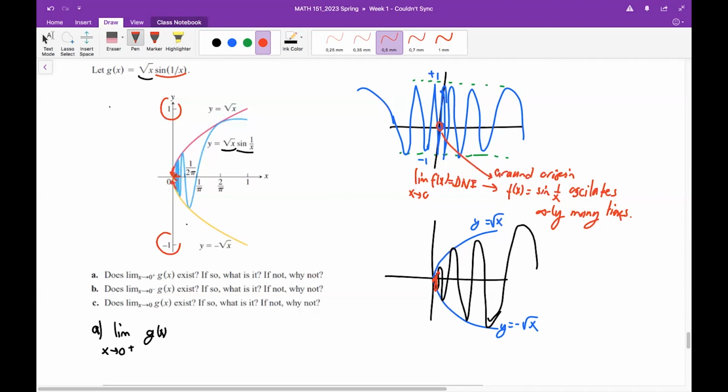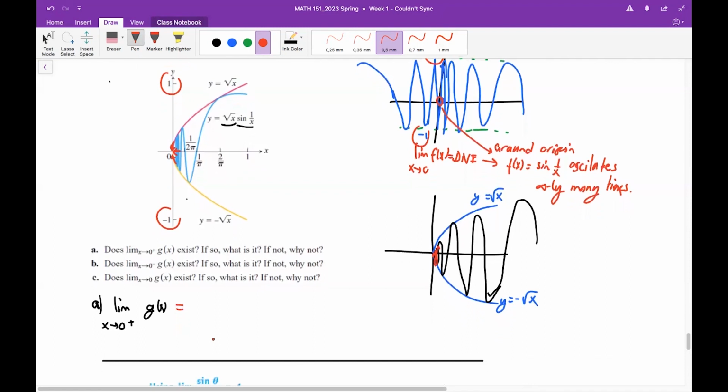And that's why around the origin now, the situation is different. No oscillation between plus and minus 1 anymore, because by this curve and this curve, we forced our graph to squeeze towards the value 0, right? What is the result of this limit? What do you think?